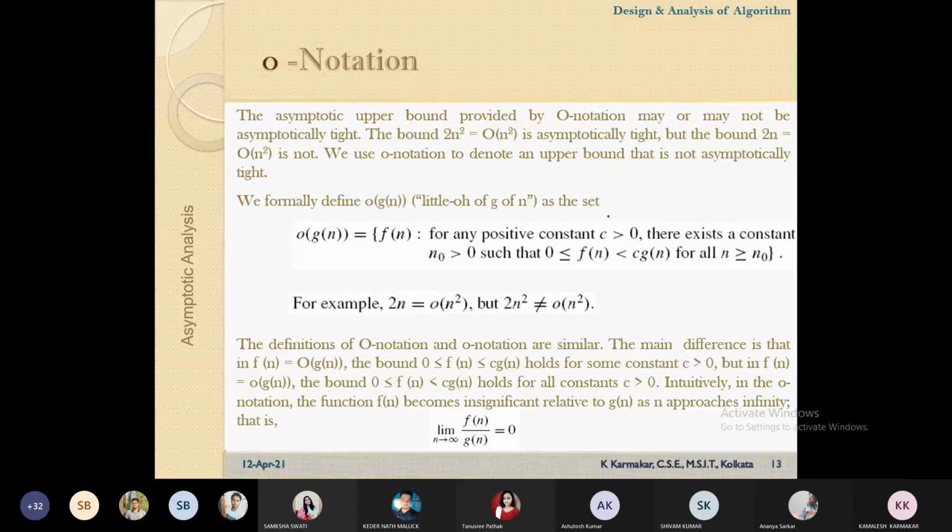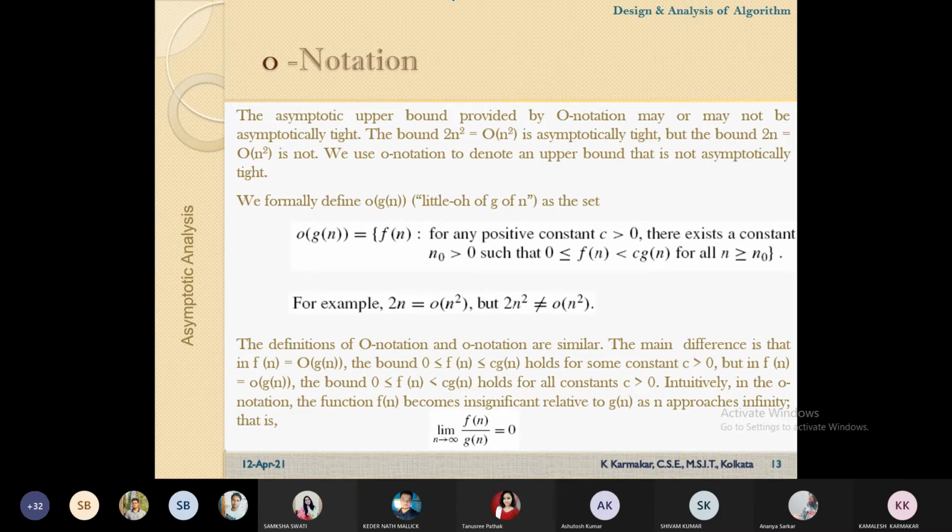Sometimes it's not possible to find a function which is asymptotically tight. We'll discuss some examples later on. Sometimes functions are not representable by big theta representation. We can represent them using big omega or big O, but we are unable to represent them using big theta.